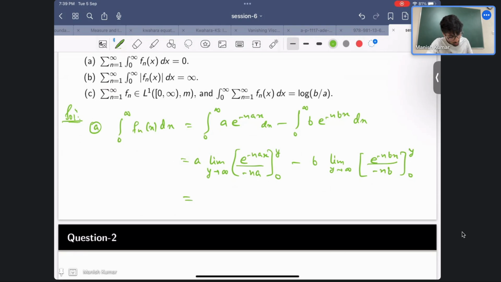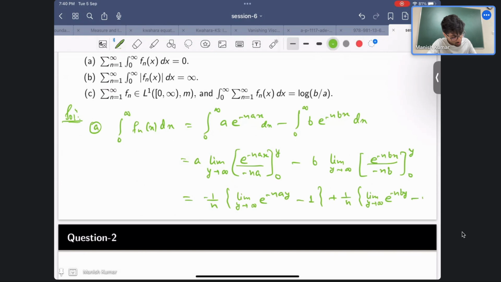Now substitute y. Let's take minus na outside, so this a will cancel out, and what I have is minus 1 by n, and then limit y going to infinity of e to the minus n a y, and at 0, e to the 0 will be 1. Then similarly we will have plus 1 by n, and the limit y going to infinity of e to the minus n b y, and again at 0 it will be 1.